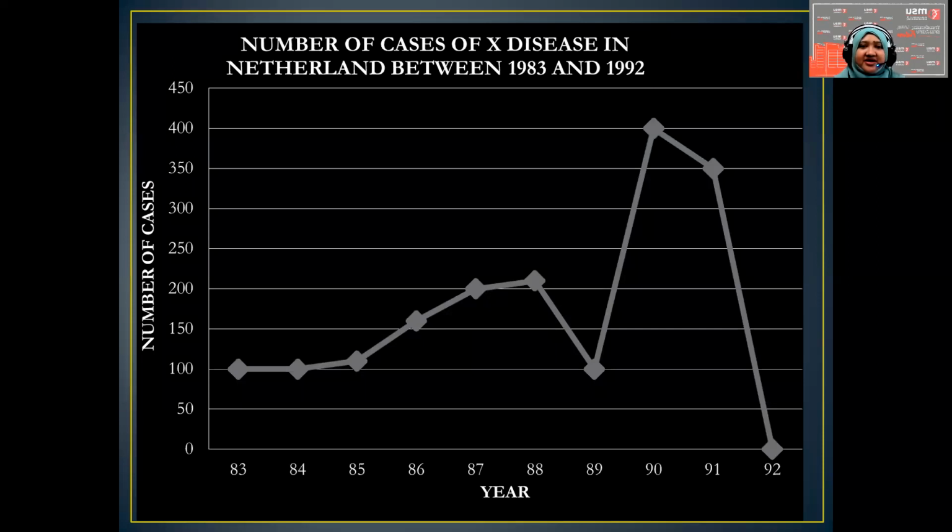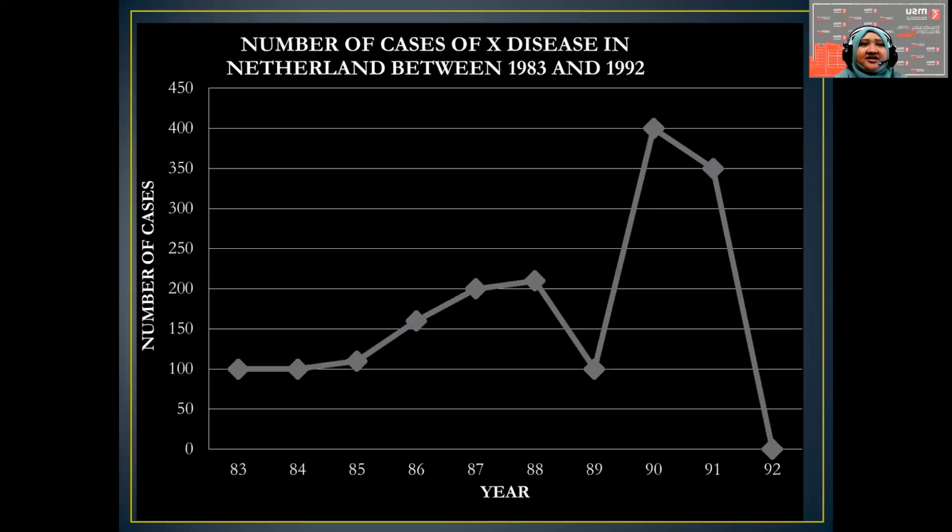So here, we have the number of X cases in the Netherlands between 1983 and 1992, for X disease. Not sure what X disease is, but this disease started slow from 1983, then slightly increased and gradually increased up to 1988.